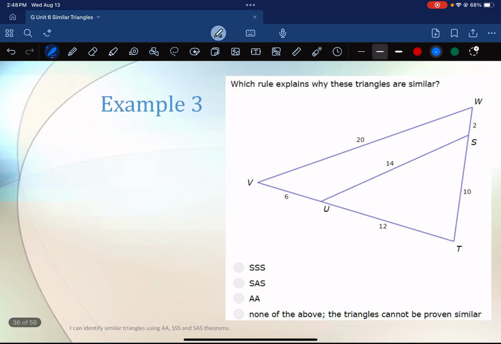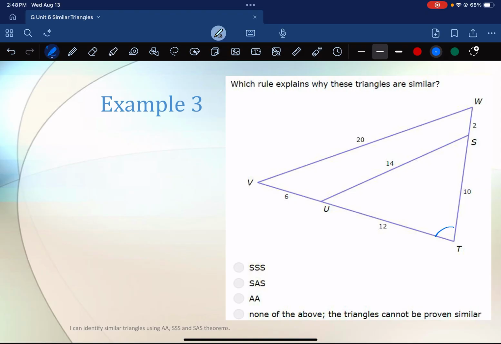All right, example 3. This is the way they're going to look in IXL. So which rule explains why these triangles are similar? So you can see side, side, side, side, angle, angle, or they're not similar. Okay? Well, what have you been given in this drawing? Have you been given any angles? Well, that's always my first question.